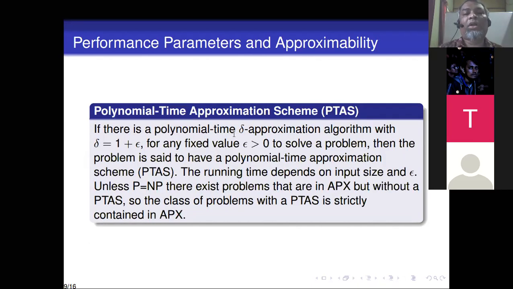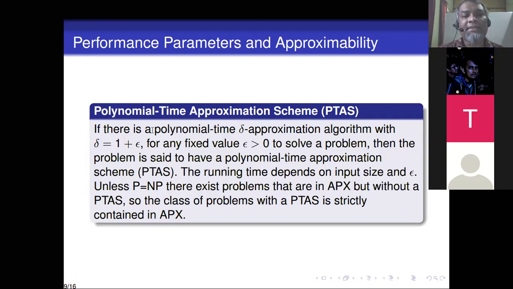Now we define another terminology, that is the polynomial time approximation scheme, PTAS. What is it?